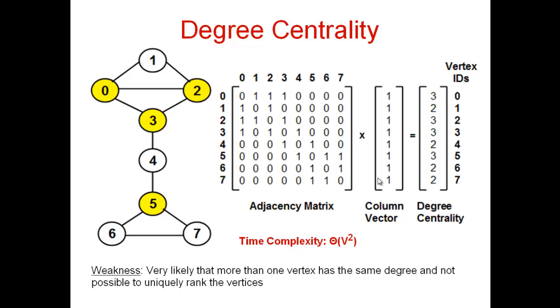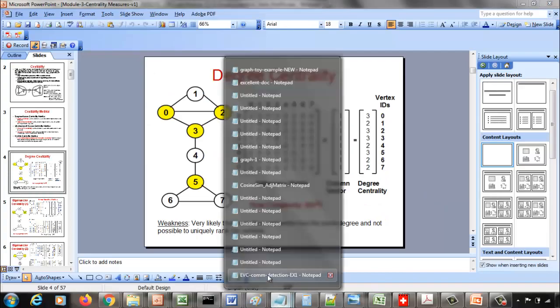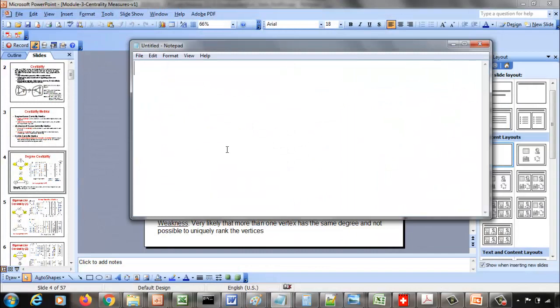If you have an 8 by 8 matrix multiplied with an 8 by 1, the resulting product is also going to be 8 by 1. So the rule for matrix multiplication is this: 8 by 8 multiplied by 8 by 1, the product is going to be an 8 rows and 1 column matrix.